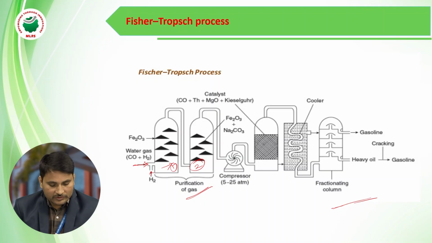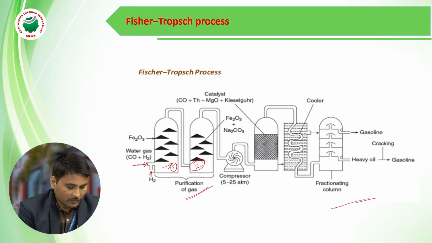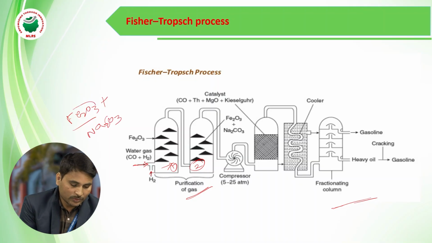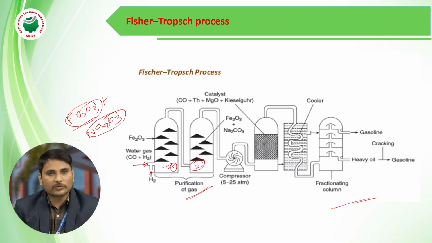In these purification chambers, we use the chemicals Fe2O3 along with sodium carbonate, Na2CO3. By using these two chemicals, we remove the sulfur from the water gas or syngas.